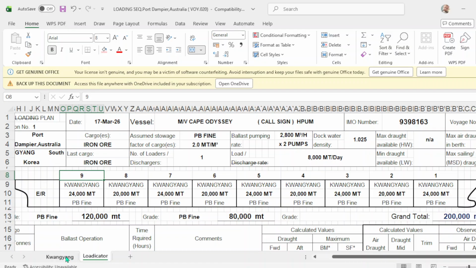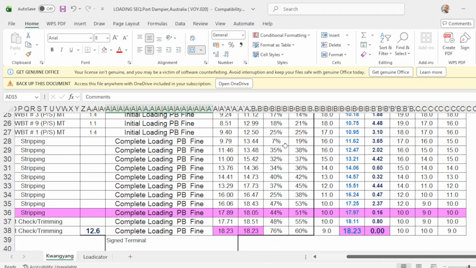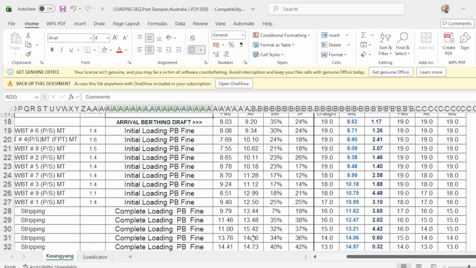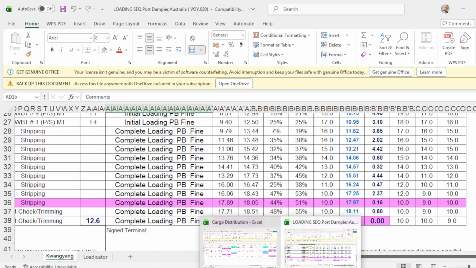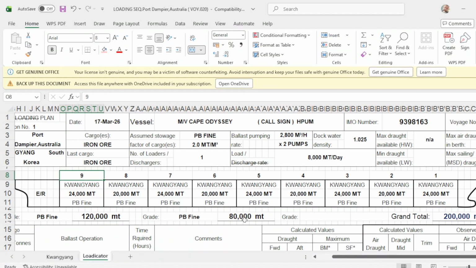Until you get the bending moment of 76%, shearing force of 60%, until you get the drop of even keel of 18.23 meters. Okay, so that's how you use the loadicator.